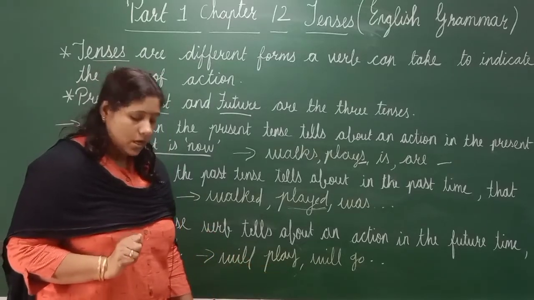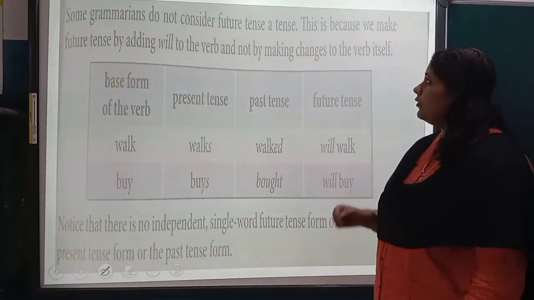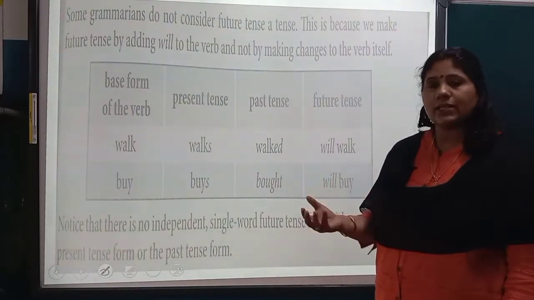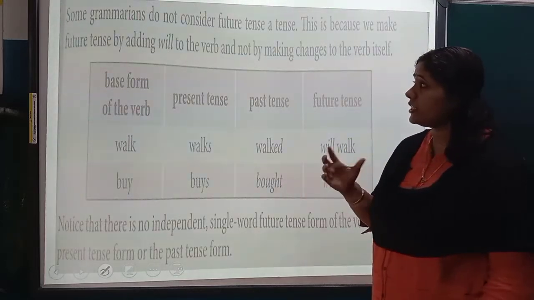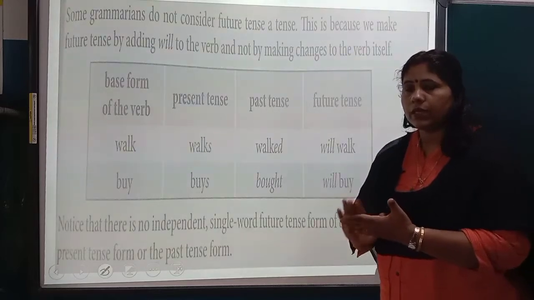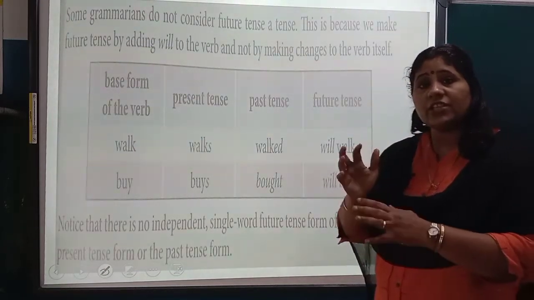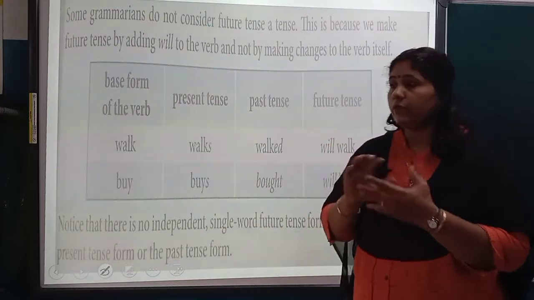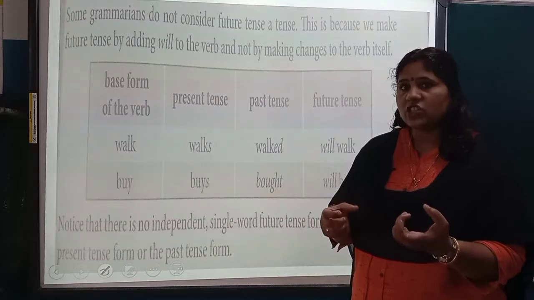Okay, children? Some grammarians do not consider future tense as a tense at all. Why? This is because we make future tense by adding will. We only add will, as in will become or will go. We are not making any changes to the verb. If you compare it with past tense and present tense, there is a change, isn't it?